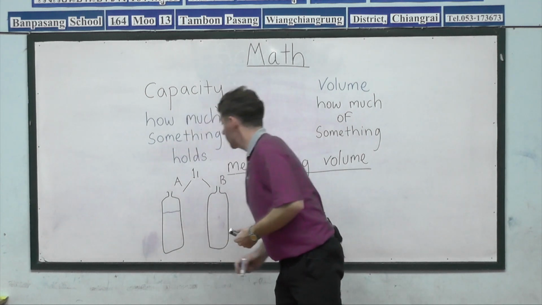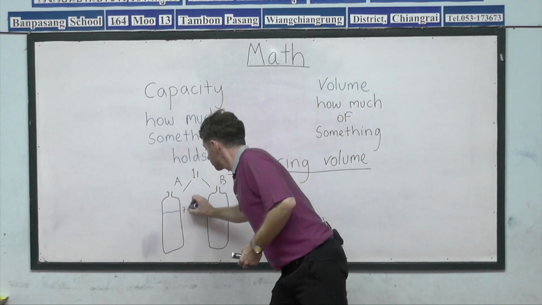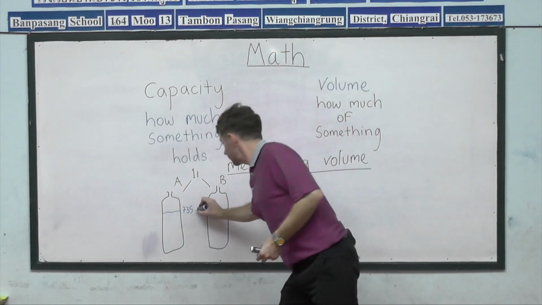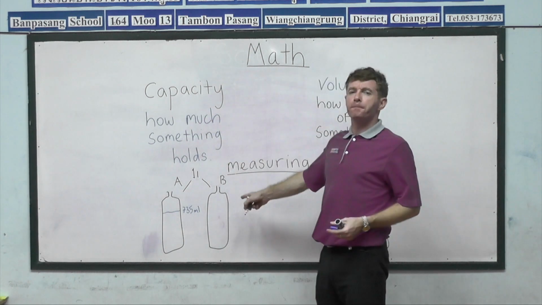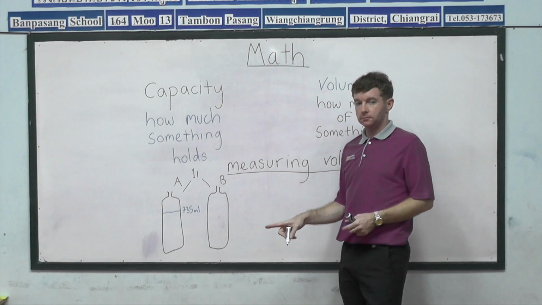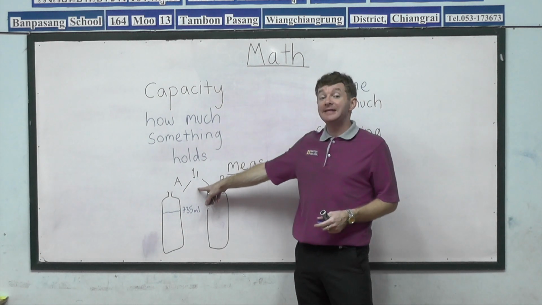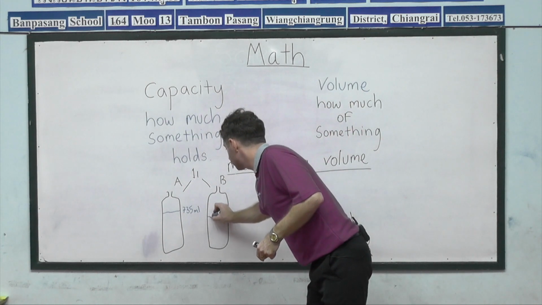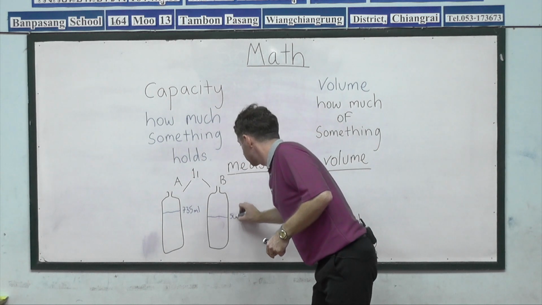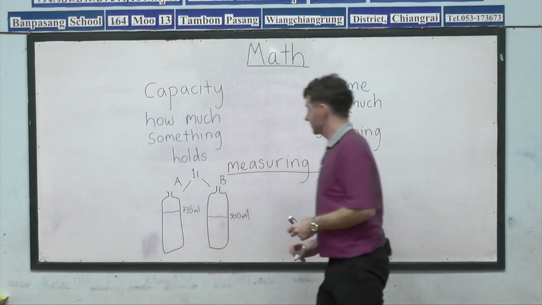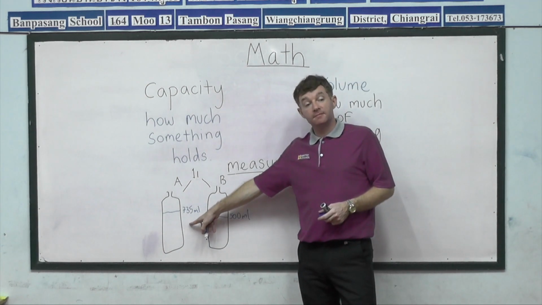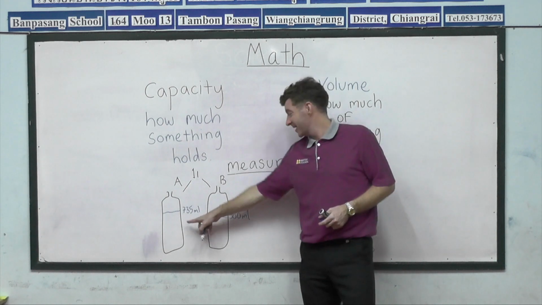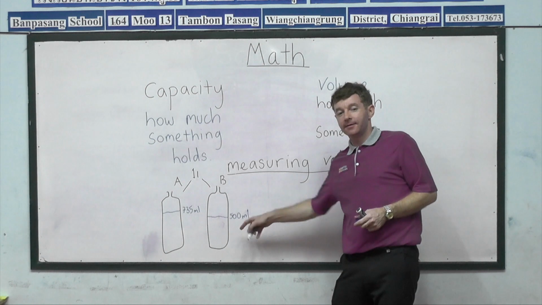Bottle A has 735 milliliters. And we'll say bottle B is half full. So does anybody remember what half a liter is in milliliters? 500 milliliters. Excellent, well remembered. So we'll have half a bottle about here. So bottle A, 735 milliliters. And bottle B, 500 milliliters.